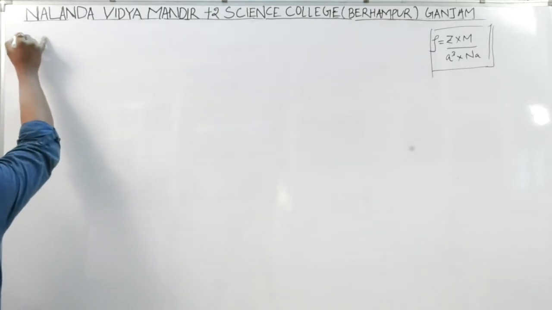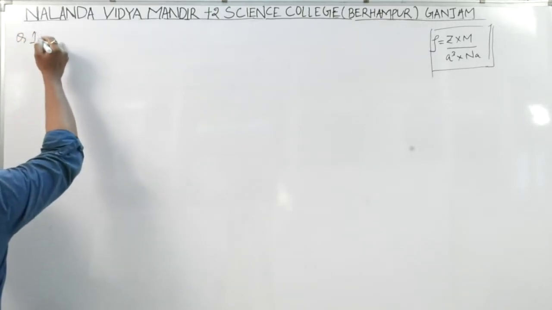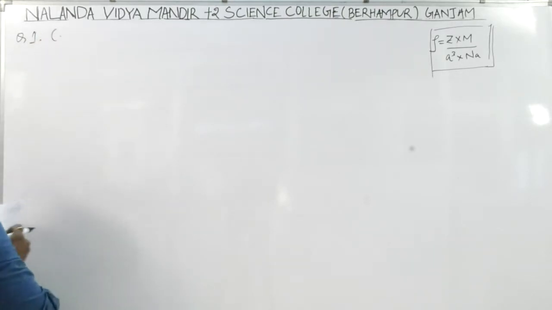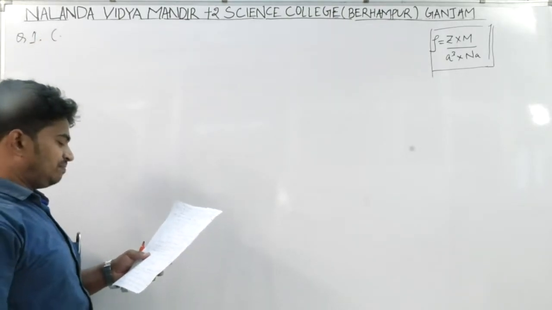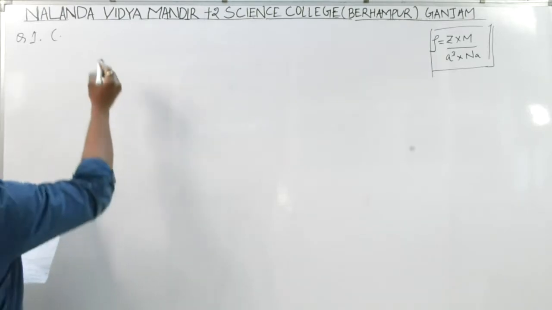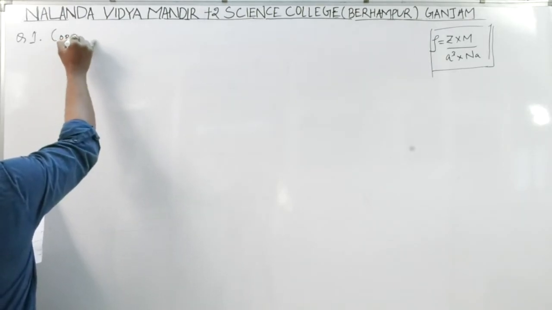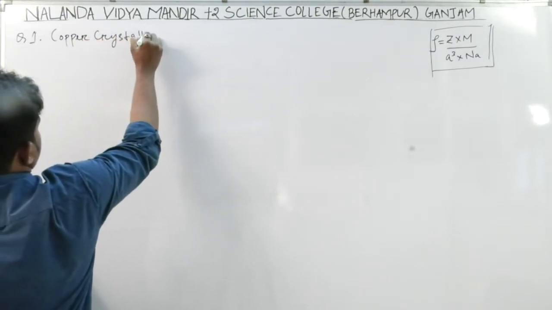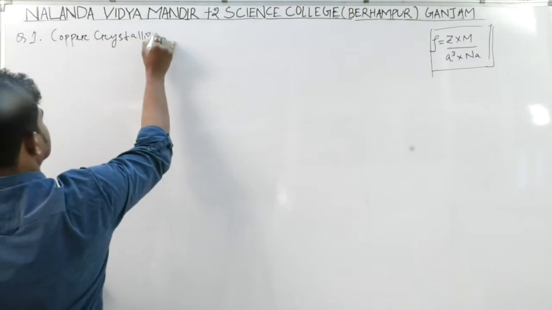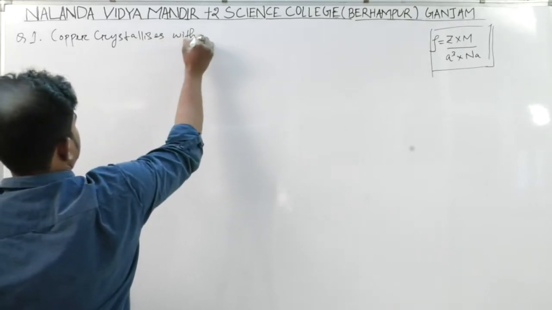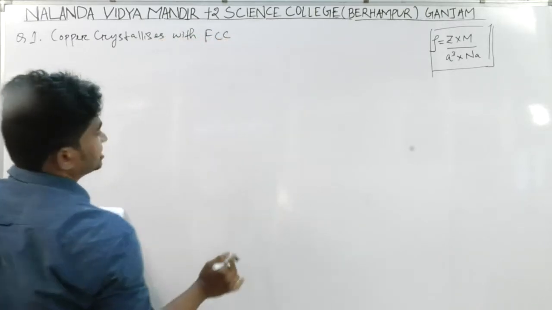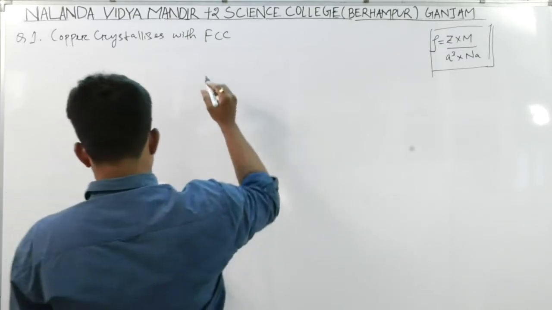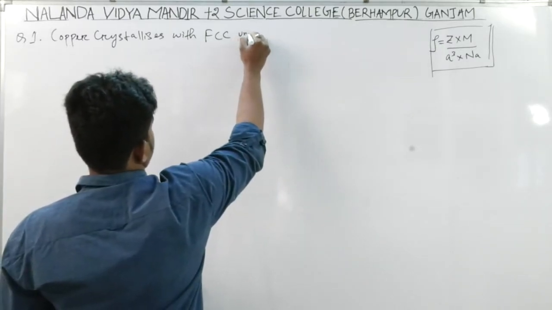Here one question is that copper crystallizes with FCC, that is face centered cubic unit cells.